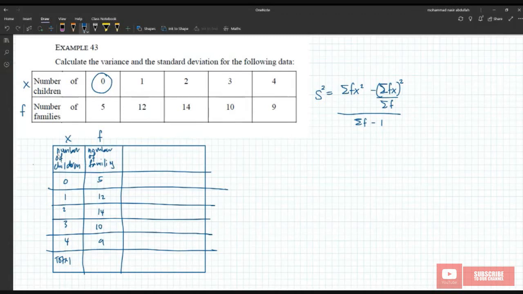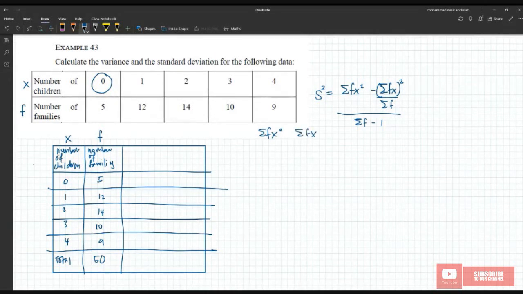And the summation of f, if you add every frequency here, you should get 50. According to the formula, you need to find the summation of fx square and the summation of fx.